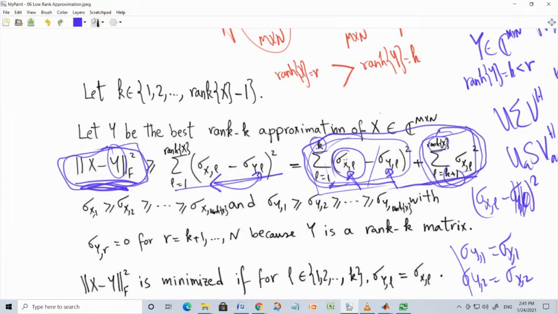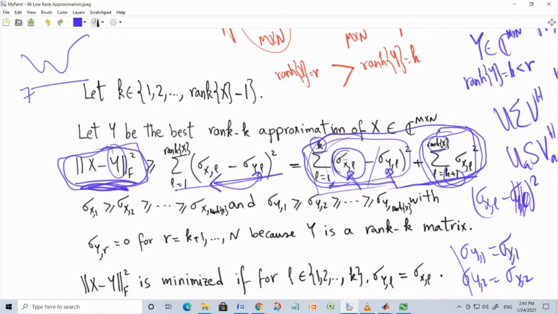So 7 is a lower bound. Does this mean that the minimum of the function is equal to 7? No. You can have a function that looks like this, and it's well above. So 7 is indeed a lower bound, but it's not achievable, and the minimum of the function is strictly higher than the lower bound.